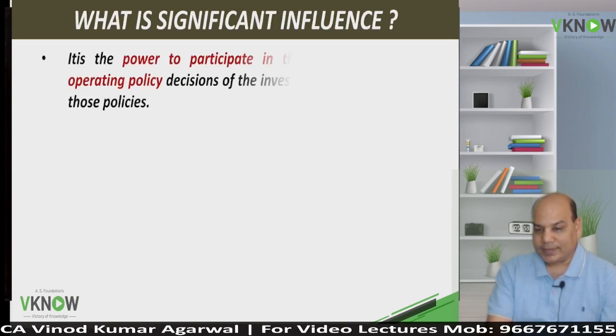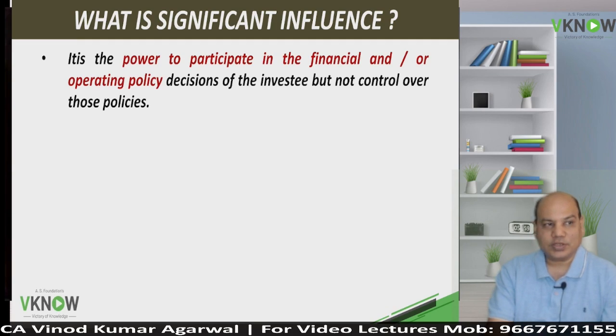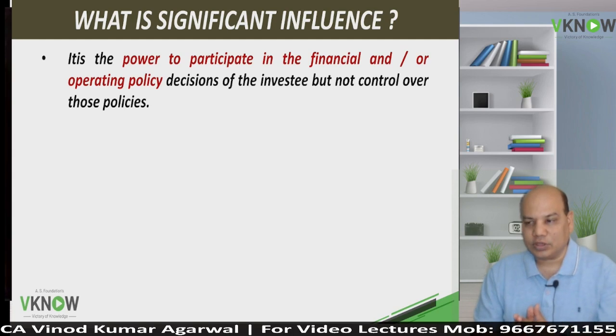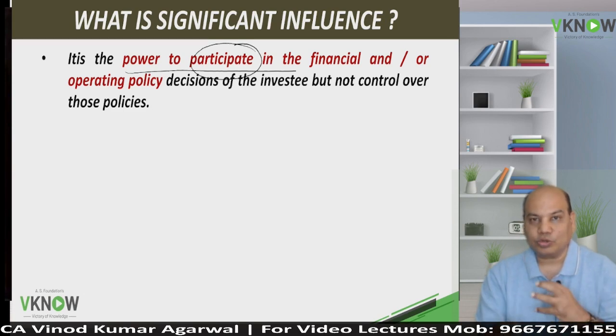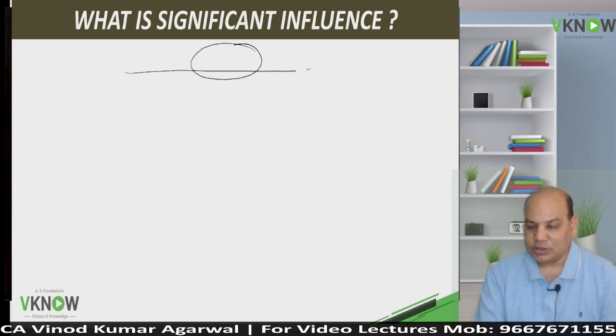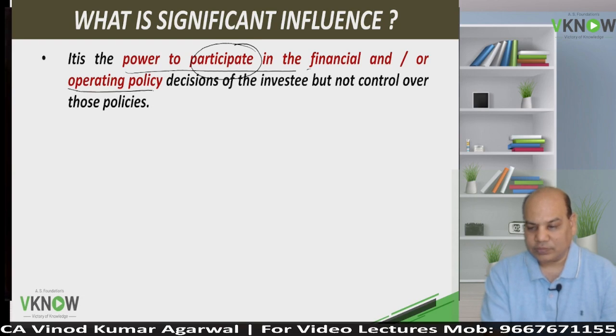Now the next question you are asking is, what is significant influence? What do you mean by significant influence? In the context of two entities, significant influence means the power to participate. So you will also be one of the decision making persons. You are not taking the decision, but you are participating in the decision in the financial and operating policy.